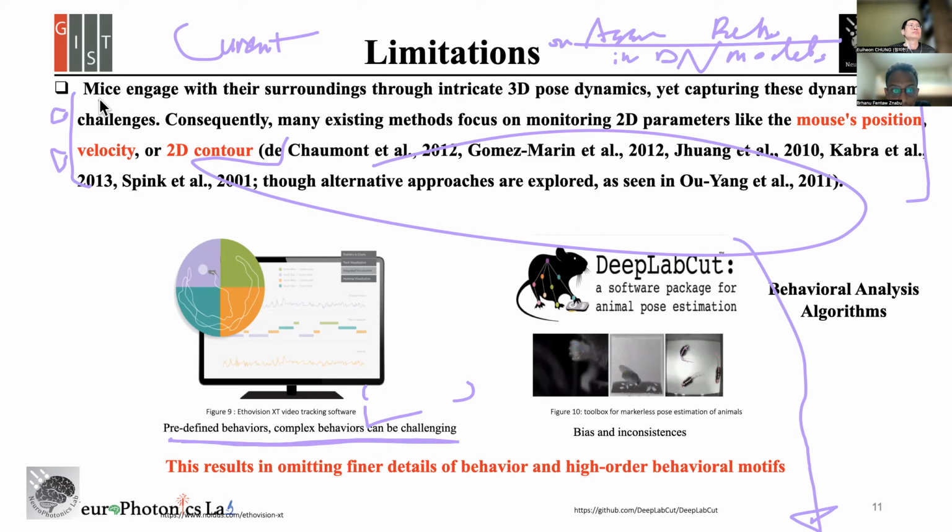You want to put one line with 3D pose dynamics and you put examples. E.g., 3D dynamics such as rearing. Rearing is already done, right? What examples do you have?